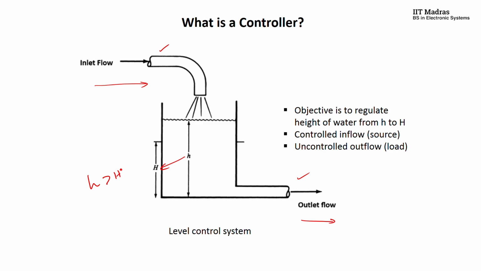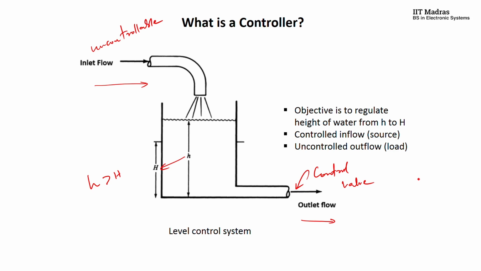Assume that you are able to operate a control valve at the outflow, which can be used to manipulate the outflow. Let's say the inflow is uncontrollable, and the outflow is controllable by means of a control valve.